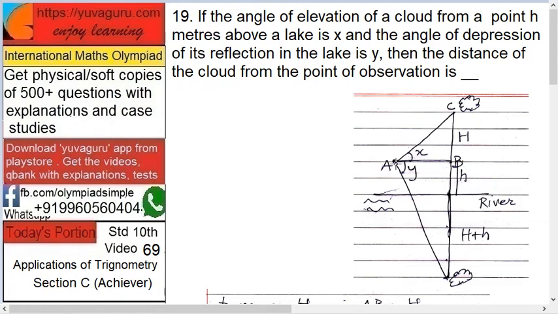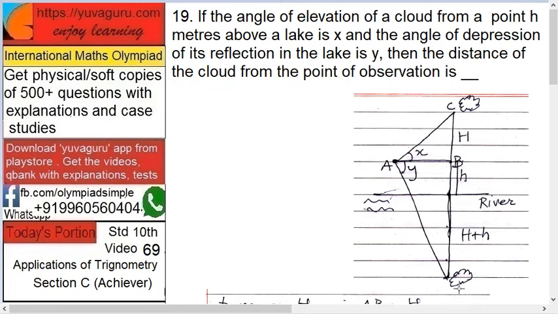Now I am looking from here at a cloud at angle x. Then I look down and see the reflection of the cloud. Let capital H be the vertical height from B to C, between me and the cloud.